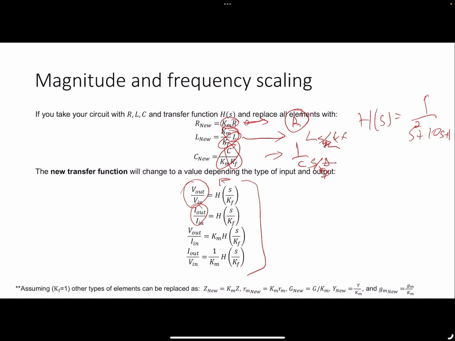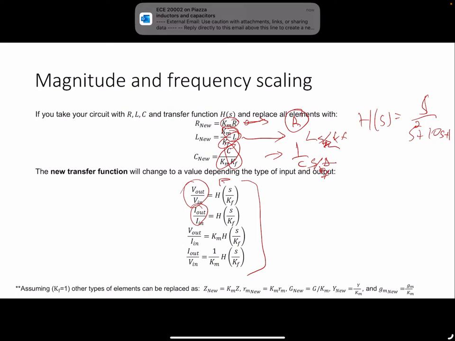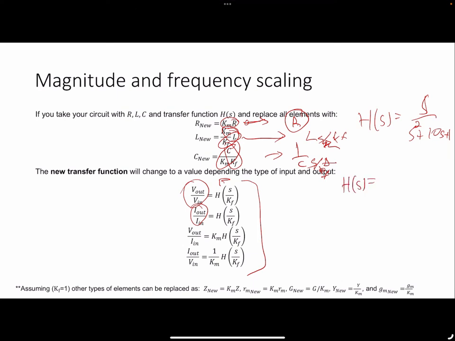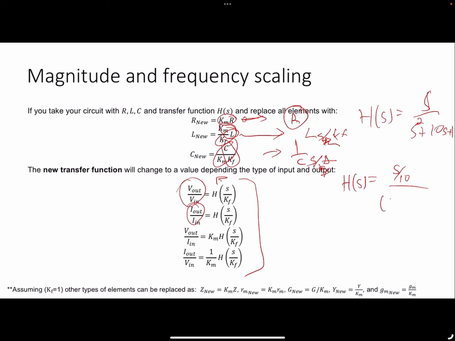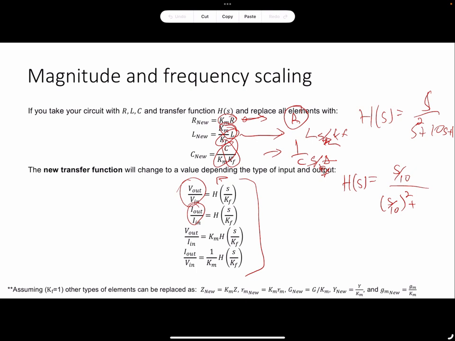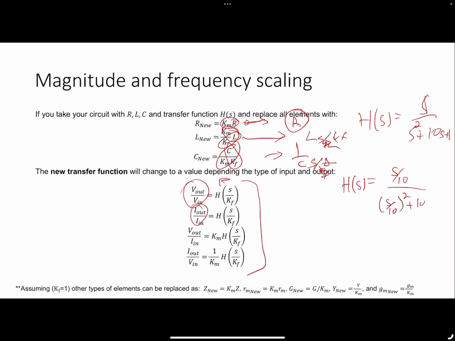And then I put here s. And then I asked them, what happens to this transfer function if I frequency scale the circuit by 10? And all the students had to do was H of s equals. This was a free response, and oh my God. This is what I wanted to see, but it's not what I saw.